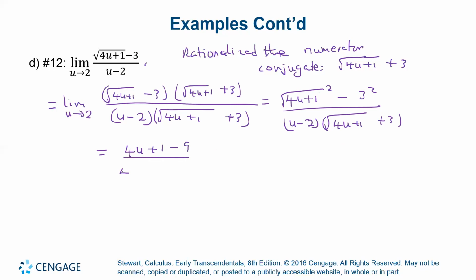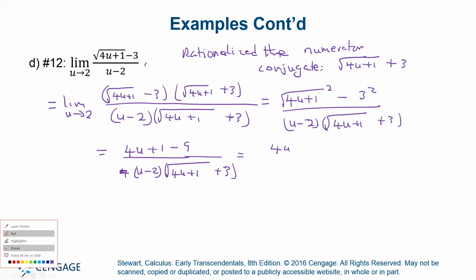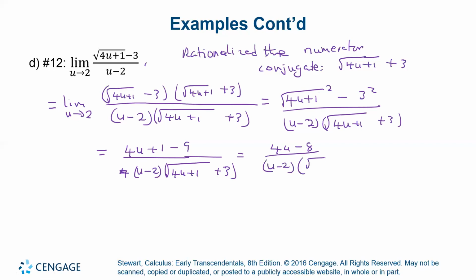So we have u minus 2 in the denominator, times the square root of 4u plus 1, plus 3. So the numerator becomes 4u minus 8.